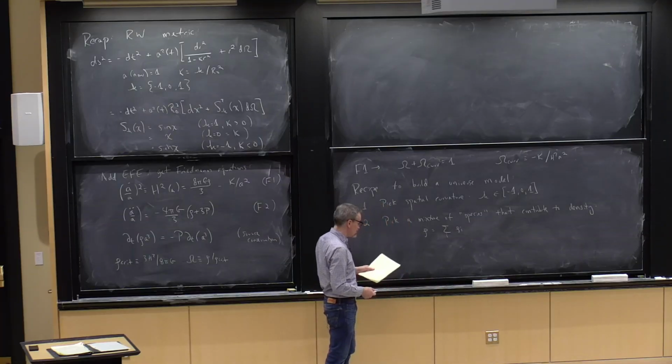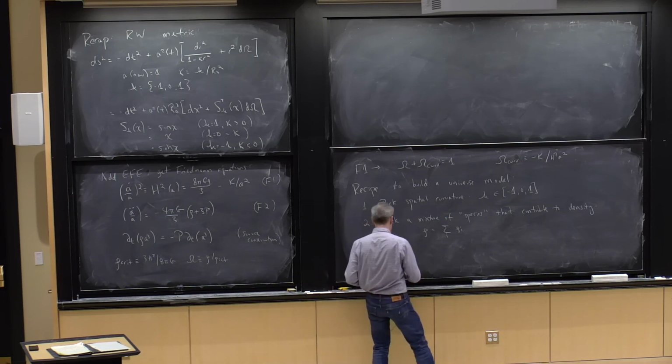You will find it helpful to specify an equation of state for each species. Cosmologists typically choose an equation of state that has the following form.